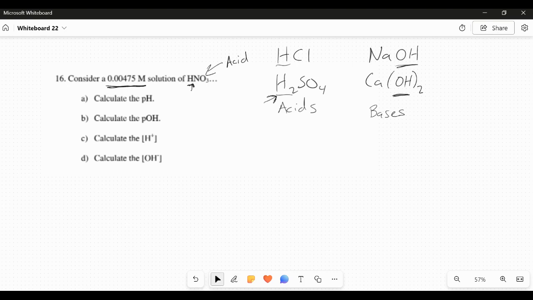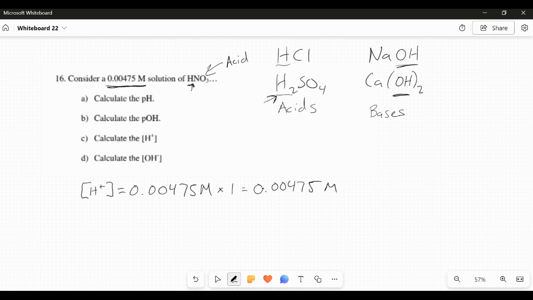So our concentration of hydrogen in molarity is going to be equal to 0.00475 molar times just 1, the subscript of hydrogen, which makes it 0.00475 molar.